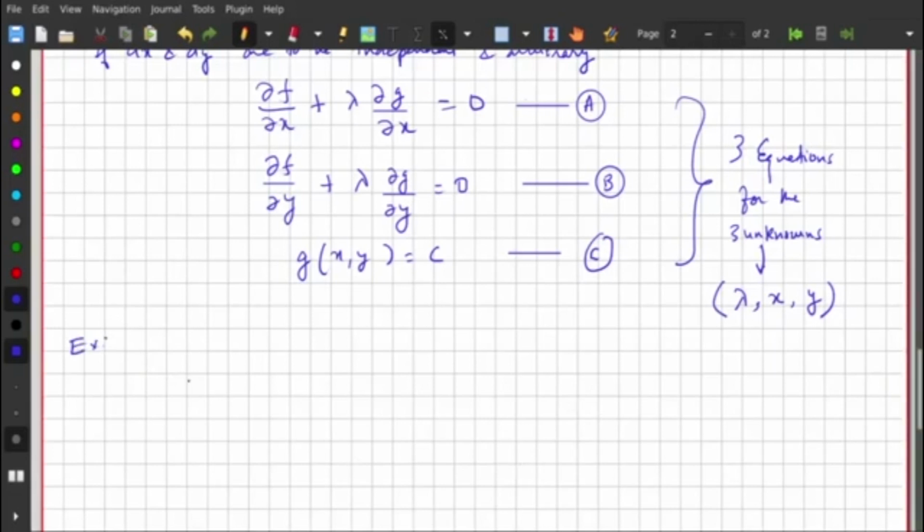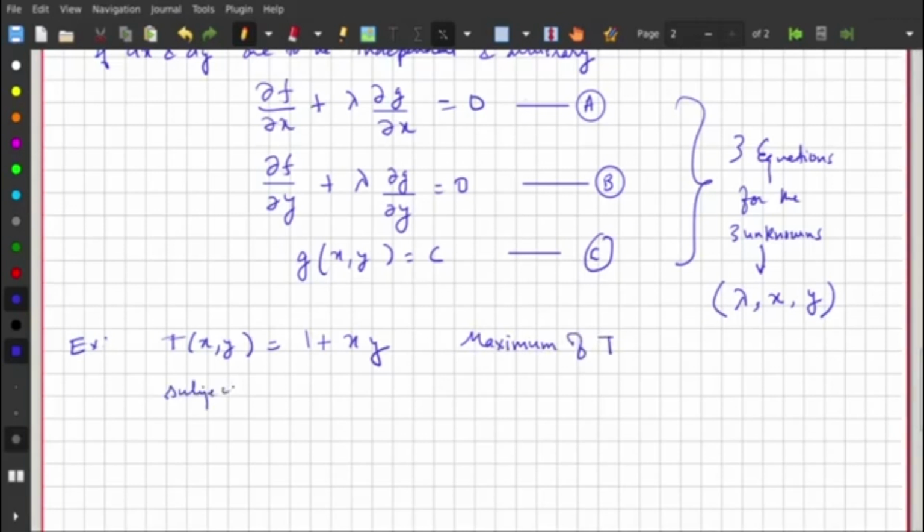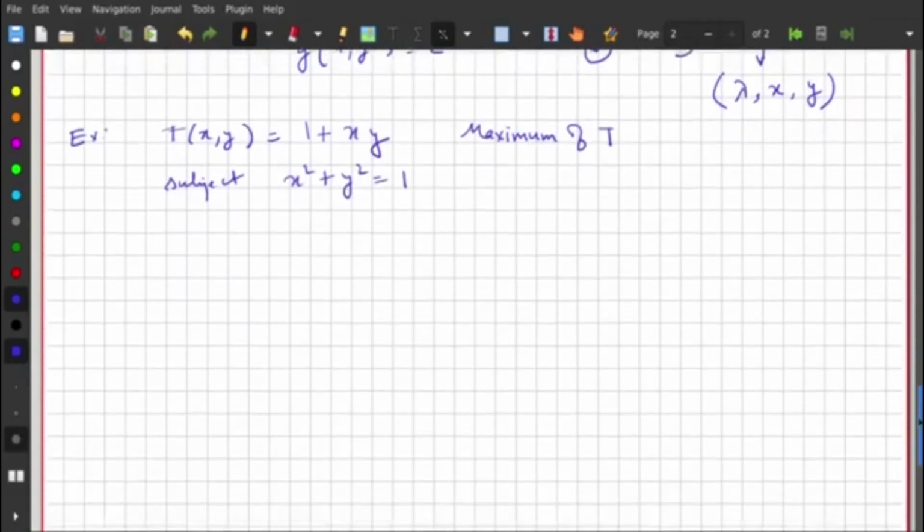So let's say you have been given a function t of x comma y equals 1 plus xy, and we want to find the maximum of t subject to the constraint x square plus y square equals 1. That means we are not allowed to move outside the unit circle.